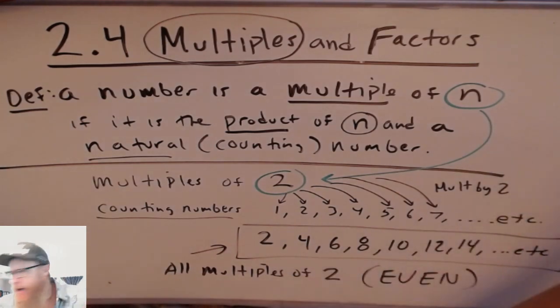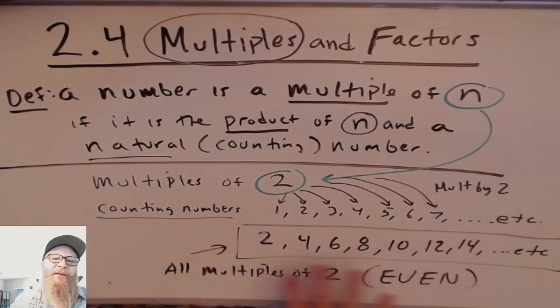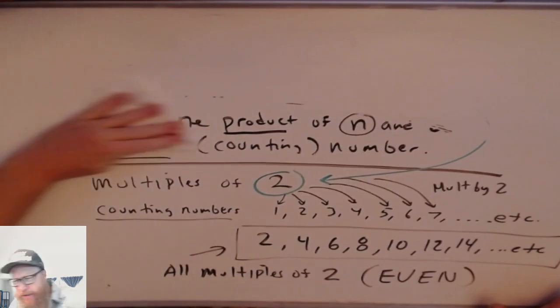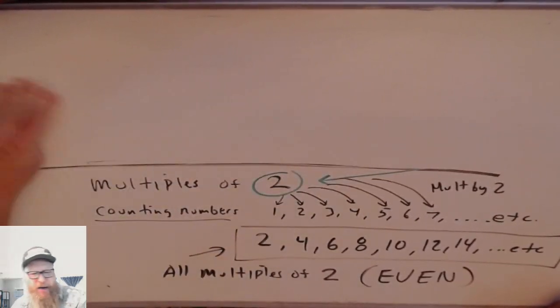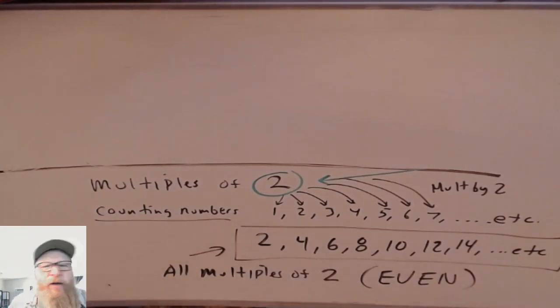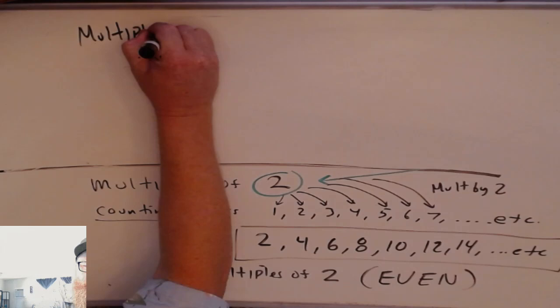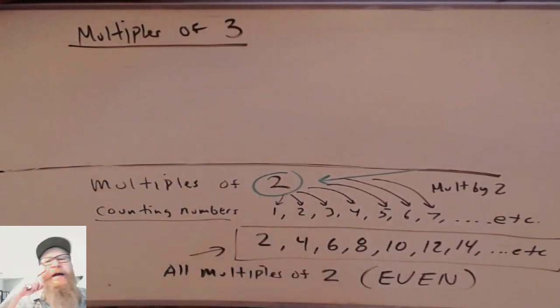Now, they get a little tougher as we go along. The rest of them get a little trickier. I can't just say the next ones are odd numbers or something like that; it's not that easy. They get tougher. So let's go to multiples of 3.